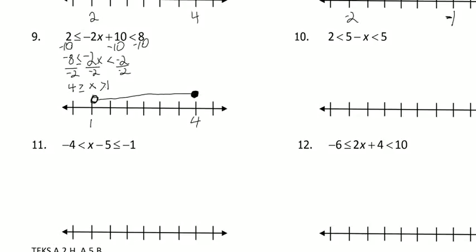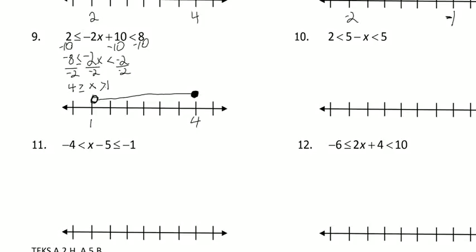Alright. On number 10, I'm going to show you the other way to do this. Basically, if you don't like having to do the same operation 3 times essentially, and want to stick to just doing it twice, well, we can break this into 2 separate problems.